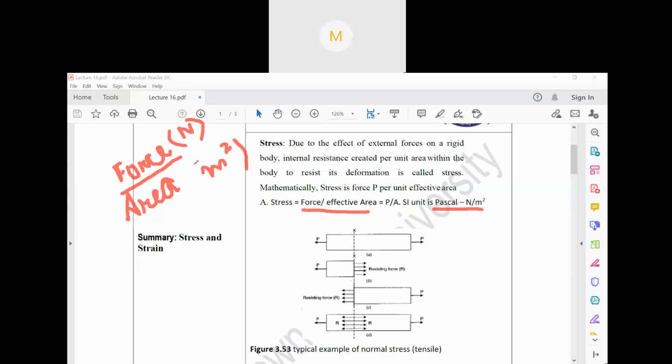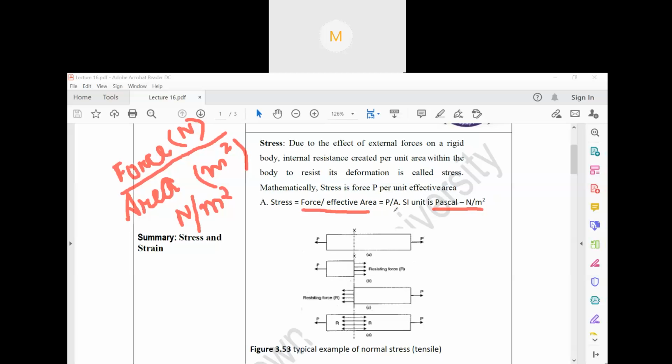So it will be in Newton per meter square. Simple. Are you getting what I'm saying? So stress is called force per unit area.